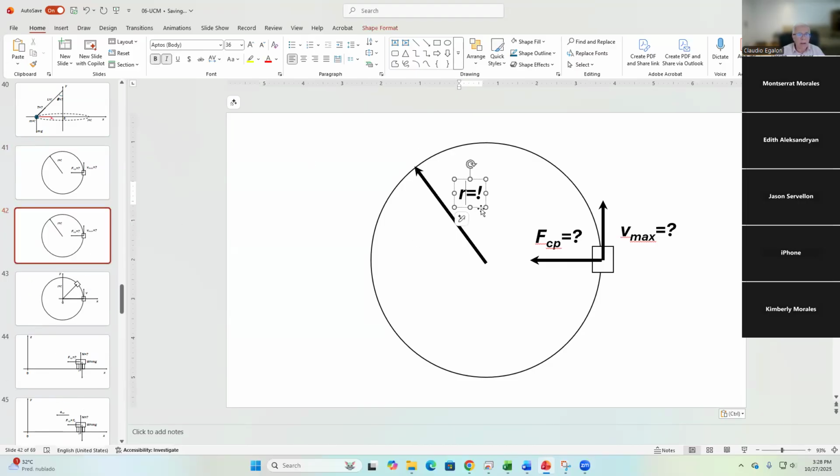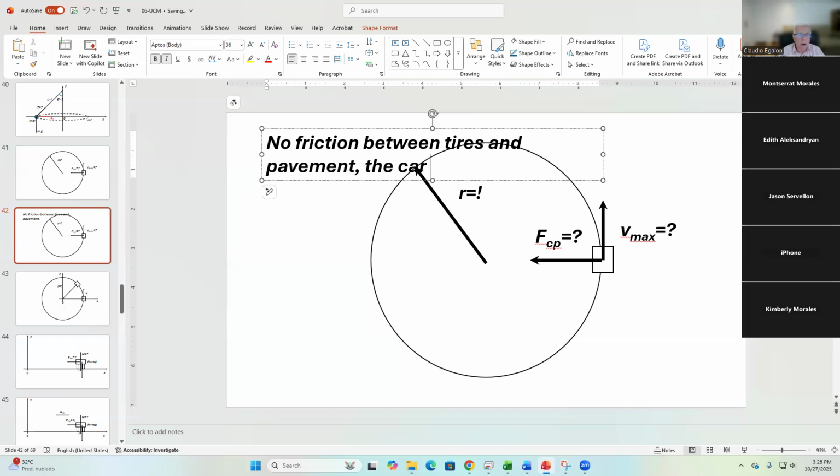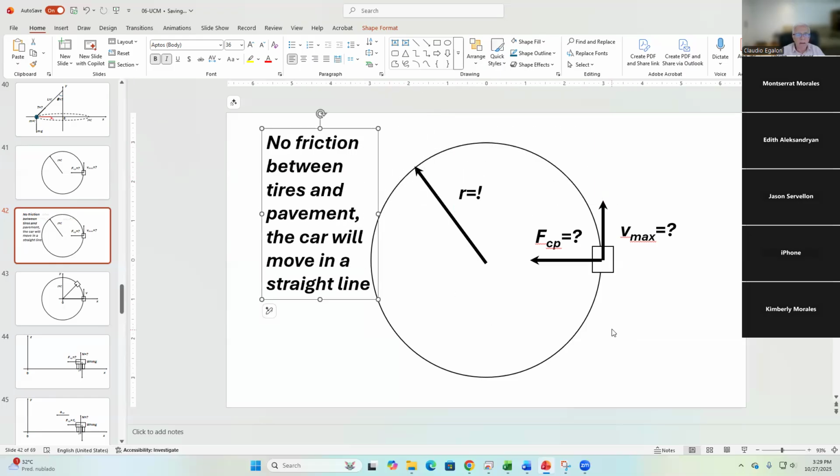If there is no friction between tires and pavement, the car will move in a straight line. Make sense?